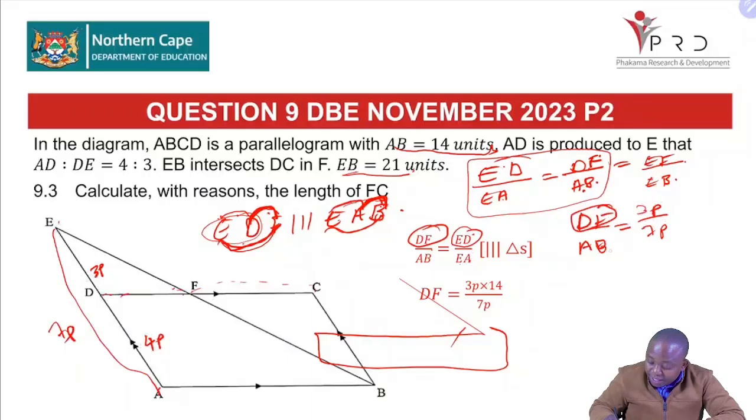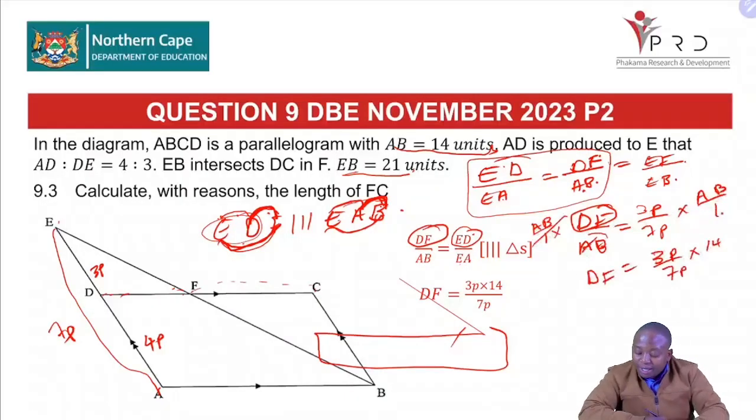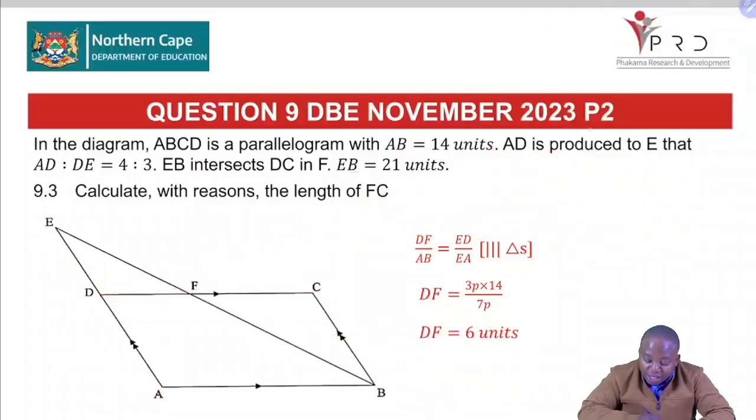To find our DF, we are going to multiply by AB over 1. Then when I do that, I find my DF is equal to 3P over 7P multiplied by 14. Then my DF is going to be how much? It's going to be 6 units.